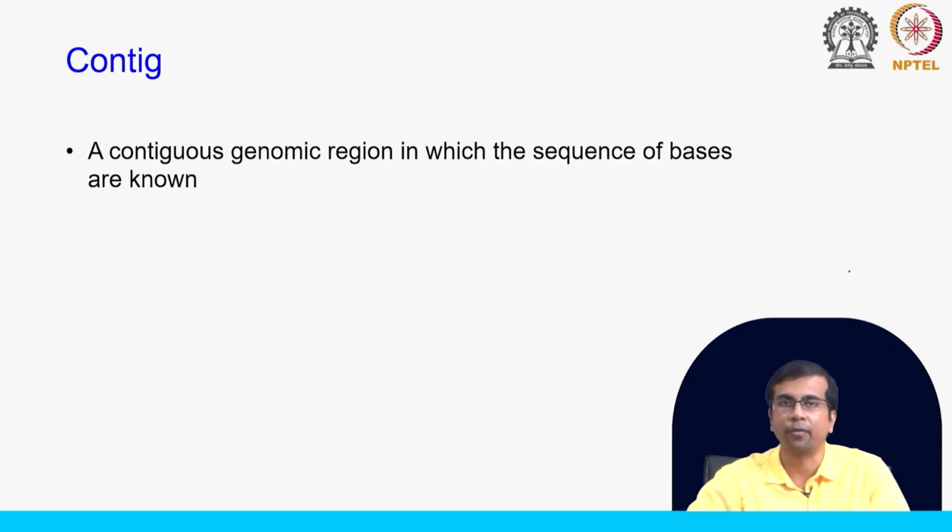For example, if you are working with mammalian genomes, in an ideal world we would like the contig number to be the same as the chromosome number, but that is not often the case. You will get more contigs than the number of chromosomes. This happens because of the presence of repeat sequences which cannot be properly inferred through these assembly methods. We can see these gaps between contigs, and we will come back to this later on, how we can fill up these gaps and get the full genome sequence.